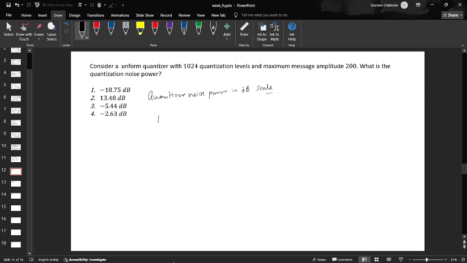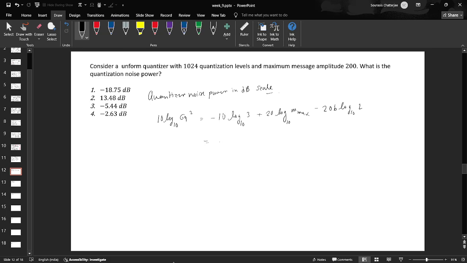is given as 10 log base 10 sigma q square, which is minus 10 log base 10 3 plus 20 log base 10 m max minus 20 b log base 10 2. b is the number of bits to represent each sample.